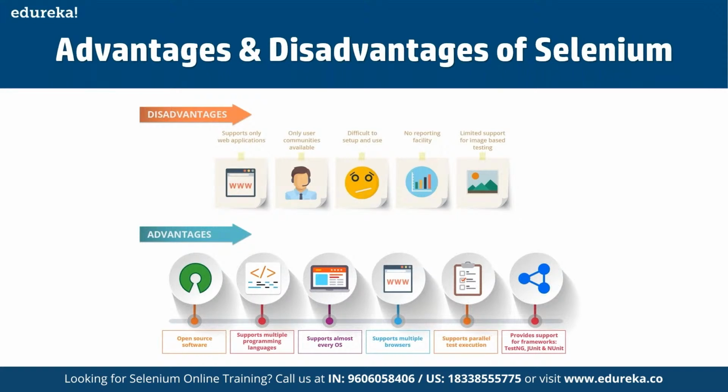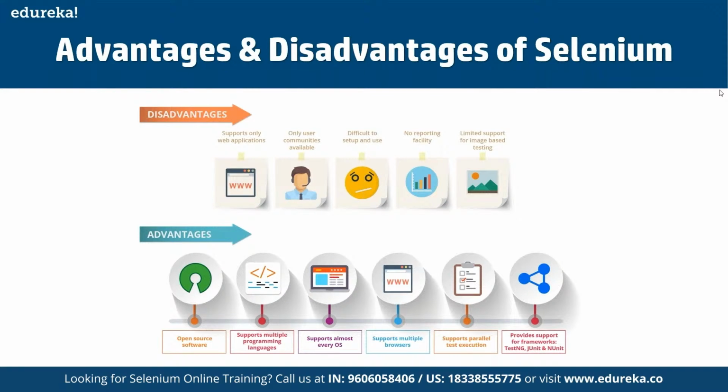So we can create multiple scripts and they all can be executed parallelly. And it provides support for frameworks, TestNG, JUnit, and NUnit for creation of reports. So the inbuilt report facility is not available, and that is being facilitated by TestNG, JUnit, and NUnit platforms, being a part of report generation strategies.